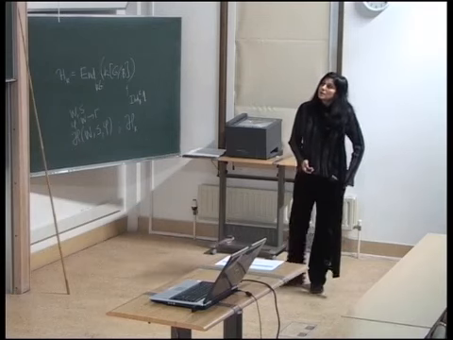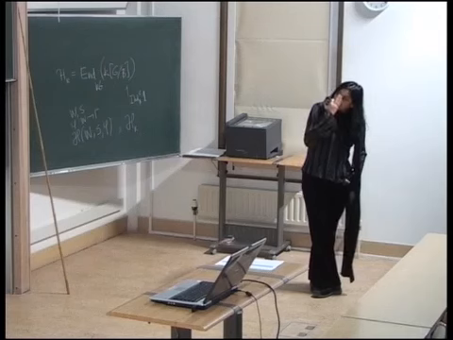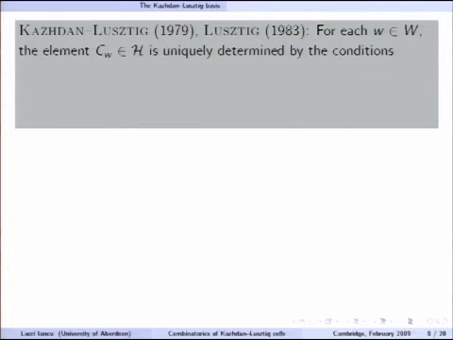And now this is what Kazhdan and Lusztig did in 1979 for the equal parameter case. And for the more general unequal parameter case, Lusztig did this in 1983. One has to say that it's essentially the same proof, so the important result is the one in 79.